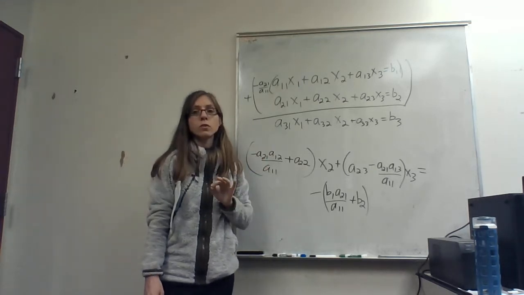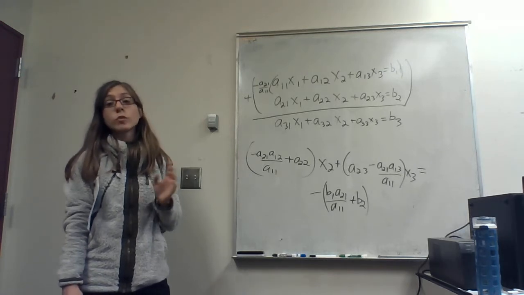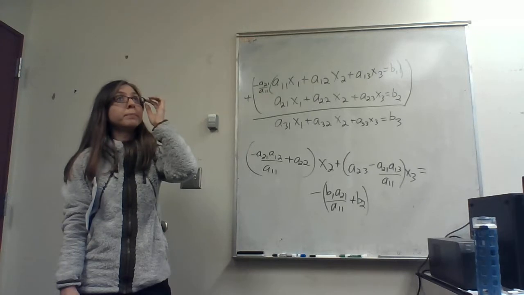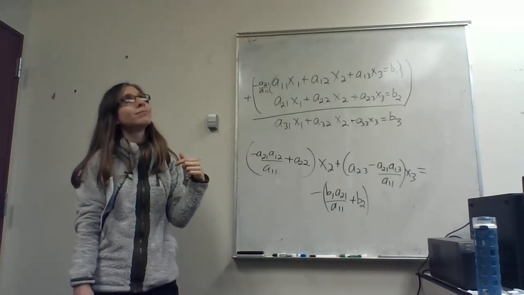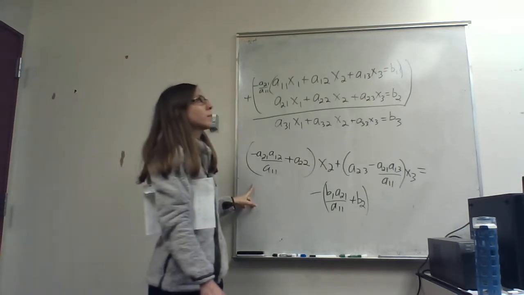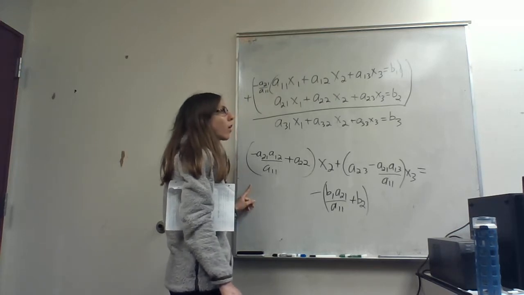Then you go to the second row. You say my goal is to get a 0 in the first position of the second row. So essentially, you're trying to get zeros in all of the positions where the row index is greater than the column index.